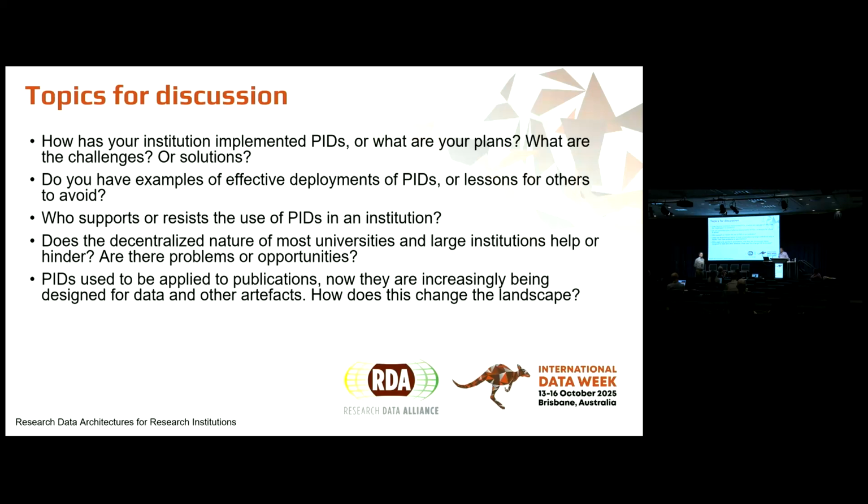But some of the newer generation of PIDs, no one's mentioned IGSNs yet, but for samples, are actually bottom-up. It's the actual research groups that want to get them. And I think James gave the example of chemistry at UCL as an example of that. So I think it's going to be different for different kinds of PIDs. And one of the things that institutions can do is keep an eye out for the bottom-up interest, and then opportunistically, if you will, capitalize on that. I don't know what you think, James.